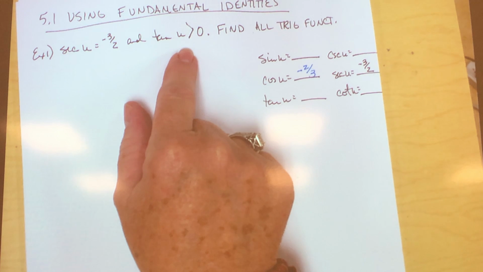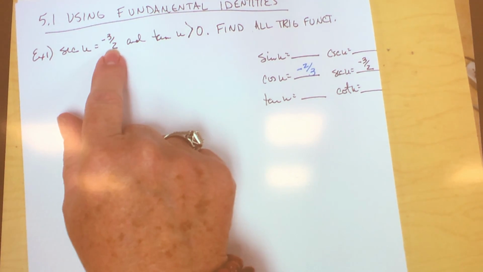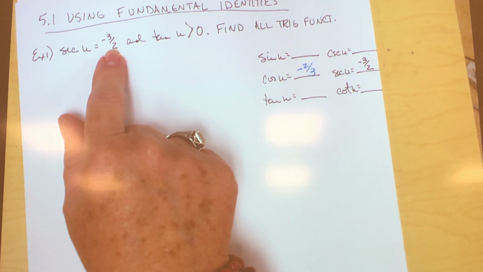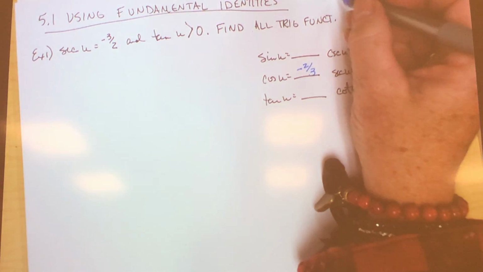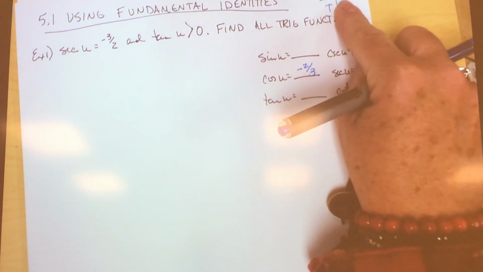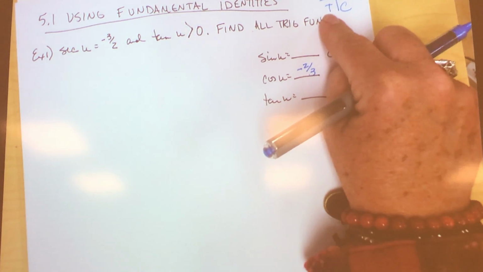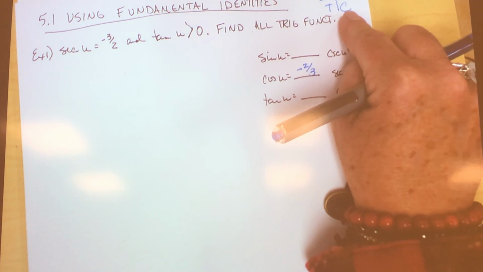Okay, so what I'm trying to get at is that when I talk about secant being negative, my brain is really thinking cosine, right? So what two quadrants is cosine negative in? Second and third. Yes. All students take calculus. All are positive, sine and cosecant are positive, tangent and cotangent are positive, cosine and secant are positive.